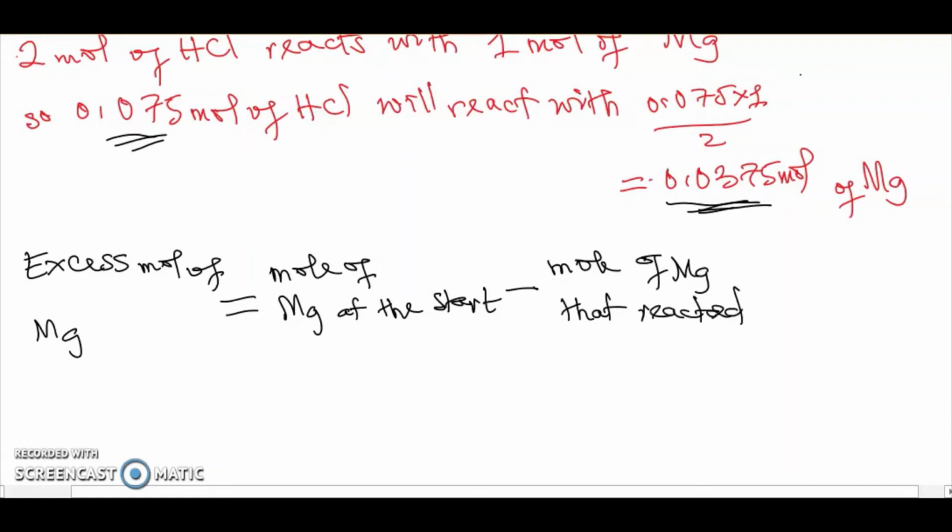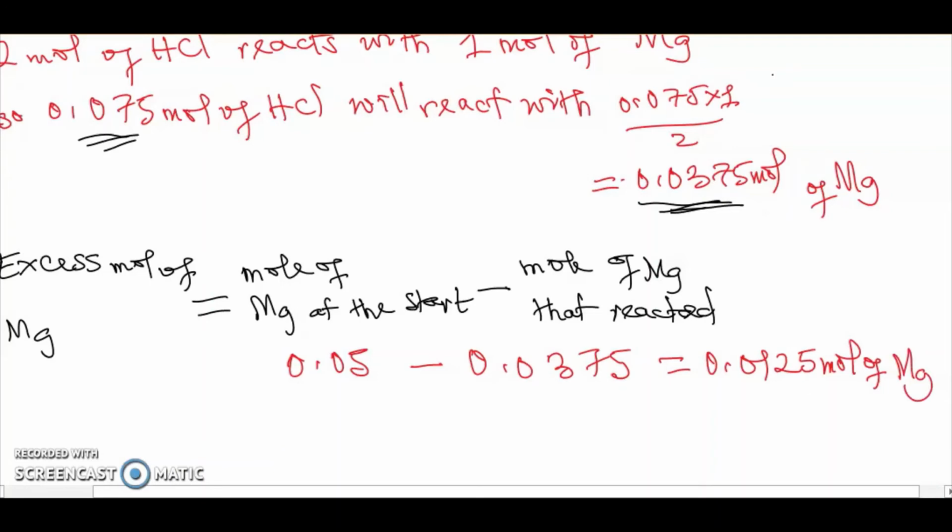The mole of magnesium at the start, remember, was 0.05. So here we have 0.05 minus the mole that reacted, 0.0375. If we perform that operation, we have 0.0125 moles of magnesium.